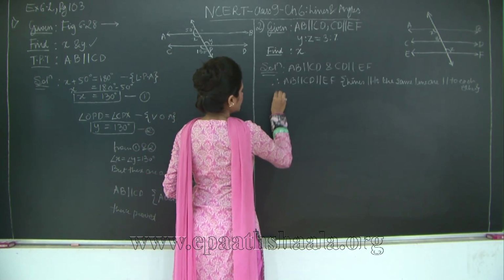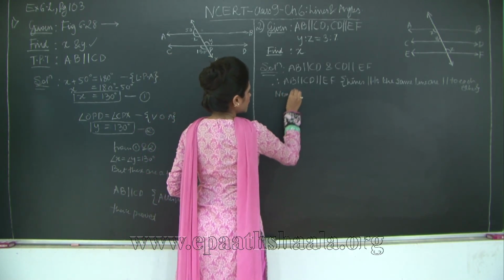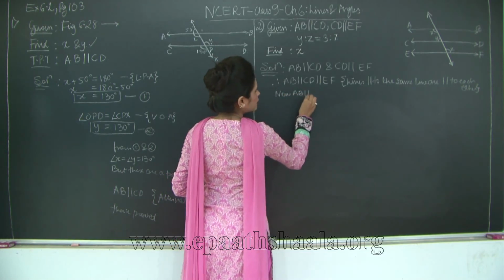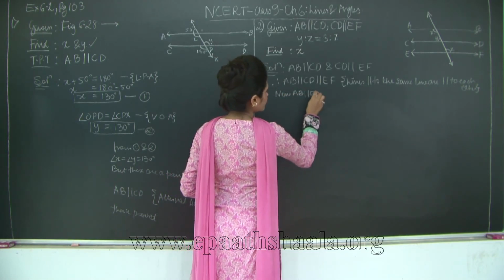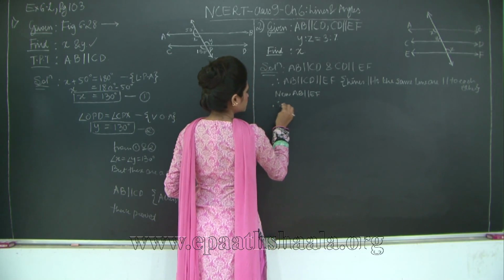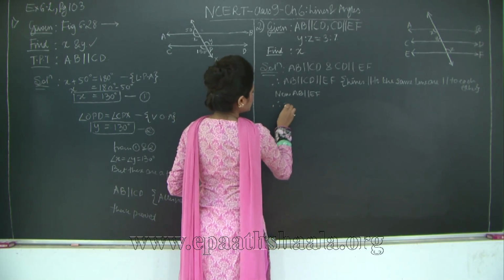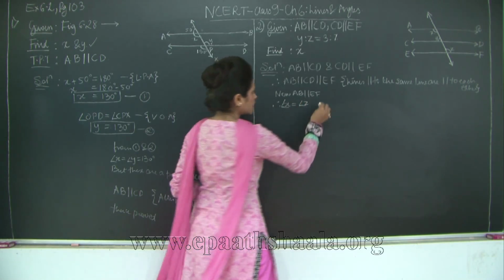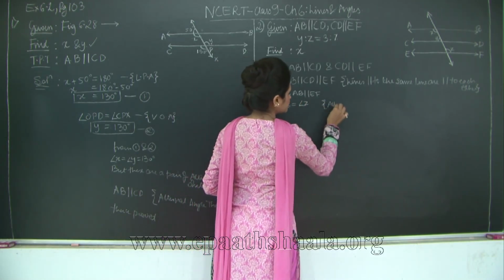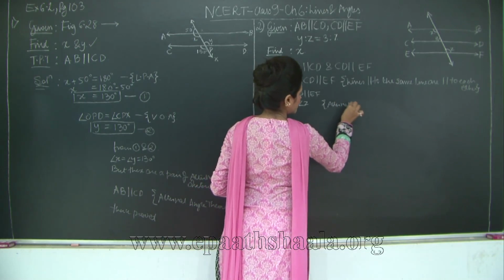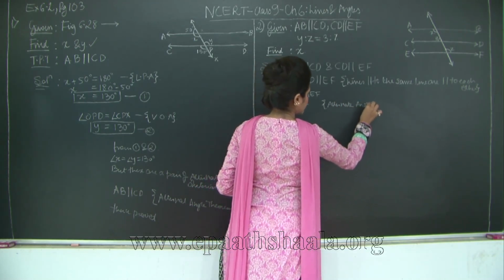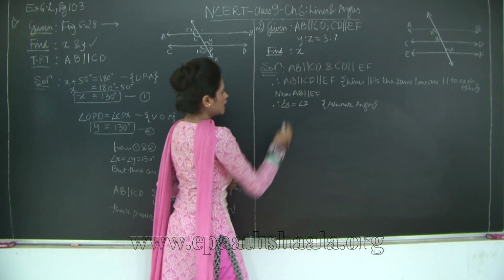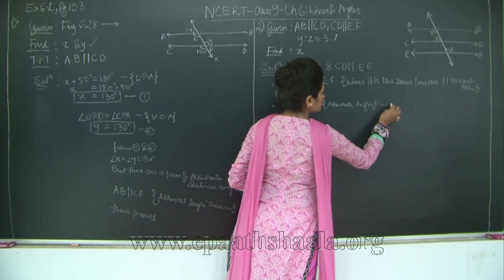Now, AB is parallel to EF. Therefore, angle x is equal to angle z. Why? Because they are alternate angles. Now I'll mark this as 1.